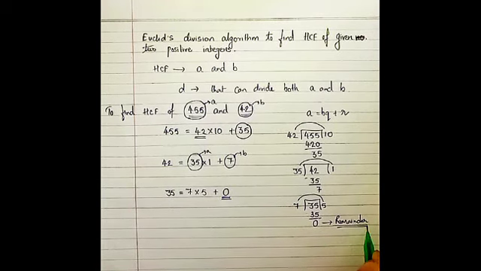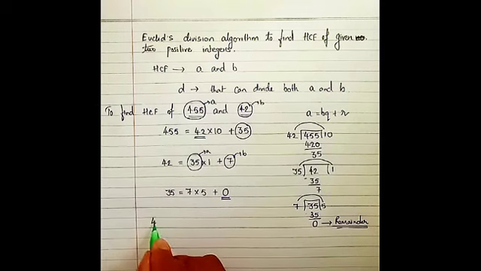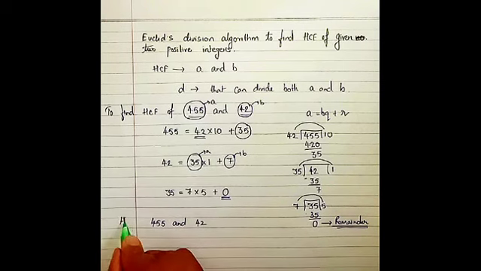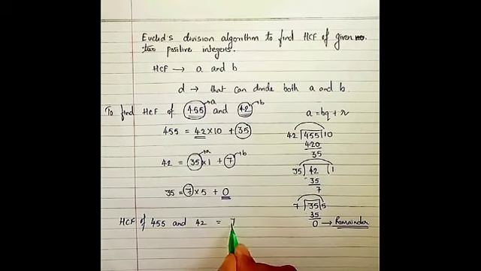At this stage where the remainder is 0, we cannot proceed any further, and we claim that the HCF of 455 and 42 is the divisor at this stage, and the divisor was 7. So that is, 7 is the HCF.